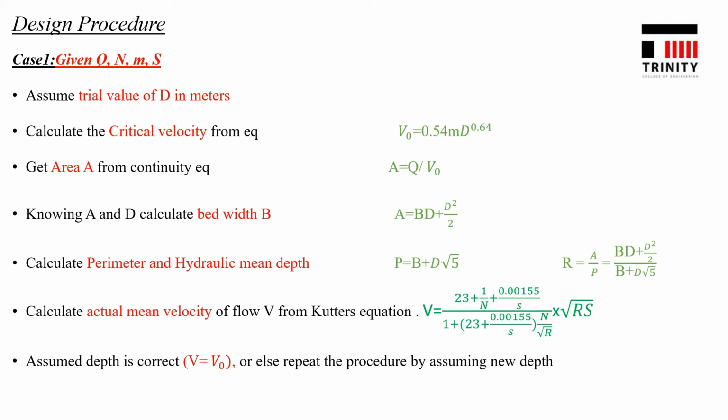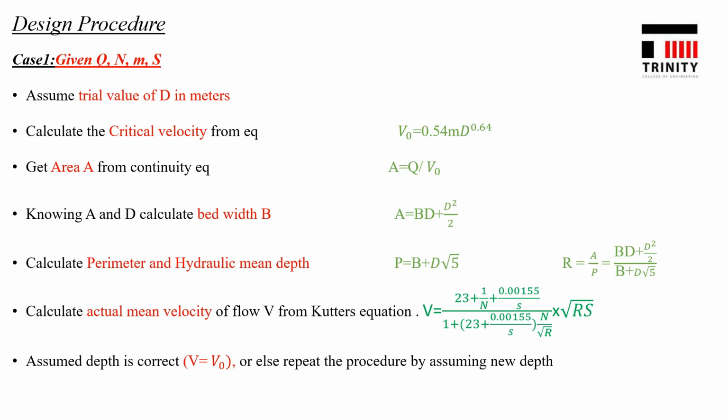Next, we find the area from the continuity equation, that is area is equal to Q by V0, where Q is the given condition and V0 is the critical velocity. We substitute the values and find the area of the channel. Now, knowing area and depth, we can calculate the bed width from the equation area is equal to BD plus D square by 2.